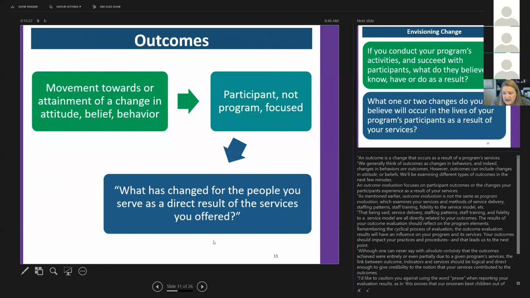It's that piece of the puzzle that says, how have our families changed, how are our families, ideally, better for their interactions with us?